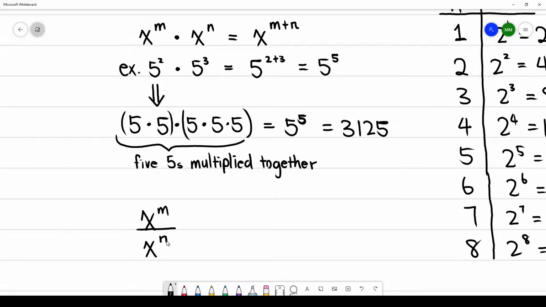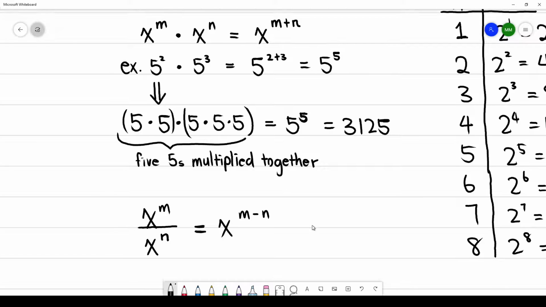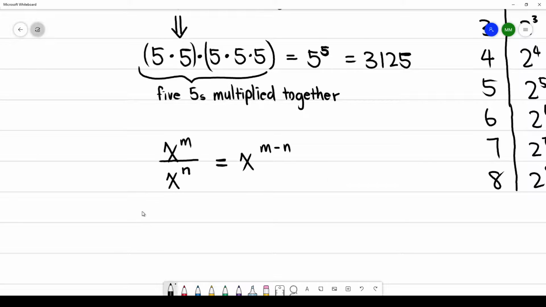So when we divide, let's say I have x to the m divided by x to the n. Now that is equal to x to the m minus n. So, example.